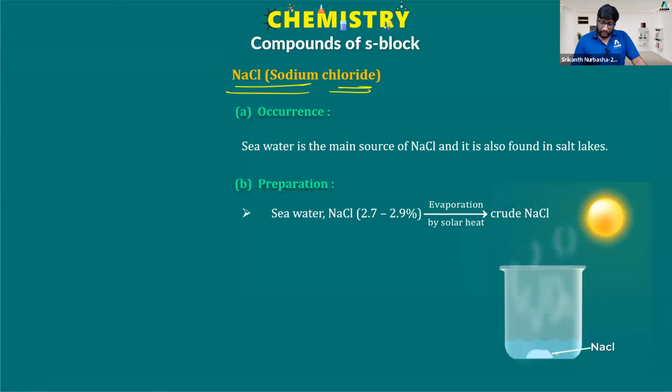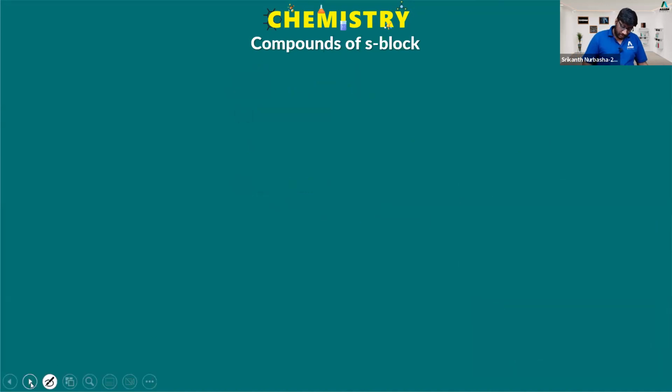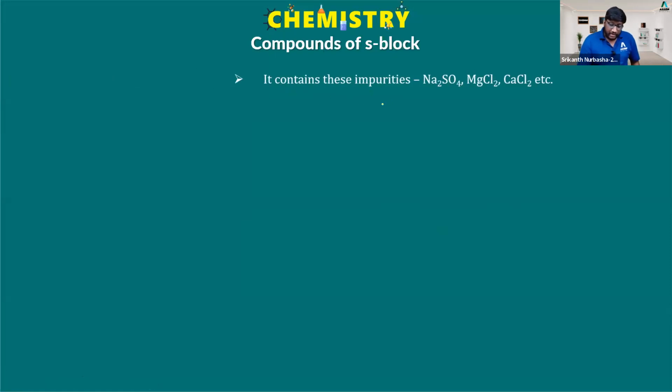If you evaporate the seawater by solar heat, you will get NaCl. It contains impurities like Na2SO4, MgCl2, CaCl2.